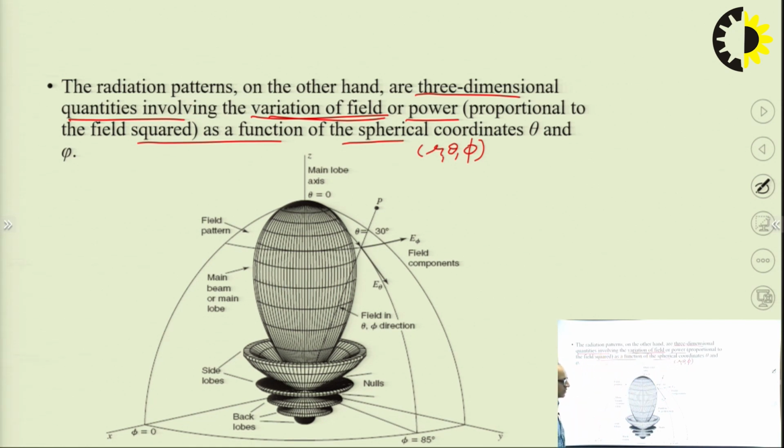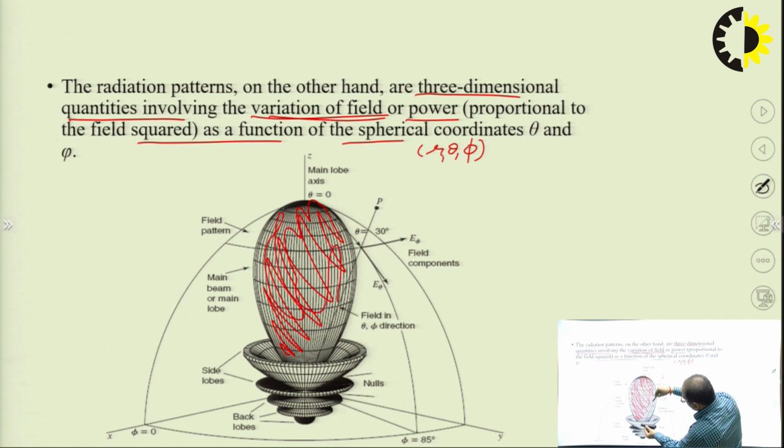So let's say this one is the three-dimensional radiation pattern. You can see here, let's say this antenna is placed here, and this antenna produces the radiation in this area. Clear?